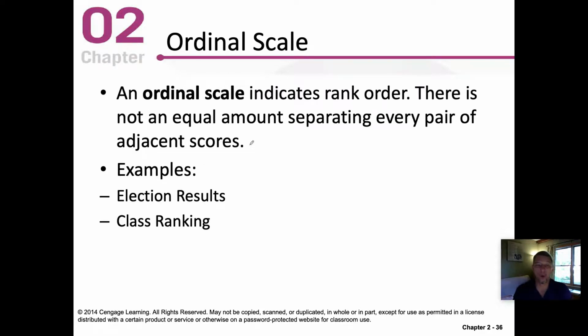Now, an ordinal scale indicates rank order. There is not an equal amount separating every pair of adjacent scores. So your class rank: if you graduated with 100 people and you're number 91, your overall high school average may be an 82, and the person who ranked 92 in your class of 100 might have an 86 average, and the person who ranked 93 might have a 91 average.